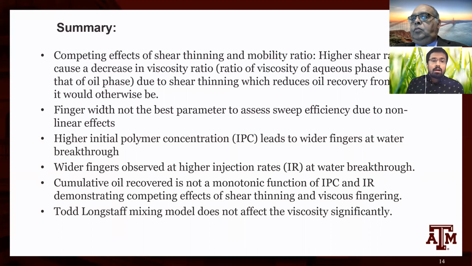We noticed that higher IPC leads to wider fingers at breakthrough, and also at higher injection rates, we saw wider fingers. Cumulative oil recovered is not really a monotonic function of IPC and IR. That's where this project becomes really important, because we need to find the optimum IPC and IR to figure out the maximum cumulative oil recovered.